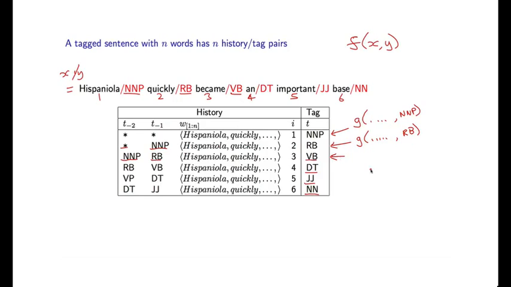There are going to be 6 local feature vectors corresponding to the 6 different history tag pairs in this tagged sentence. Let me now show how we can leverage these local feature vectors in defining a global feature vector that maps an entire tag sequence in conjunction with a sentence to a feature vector.